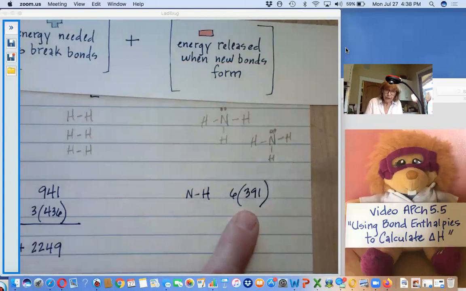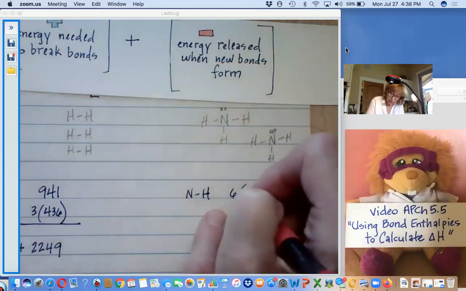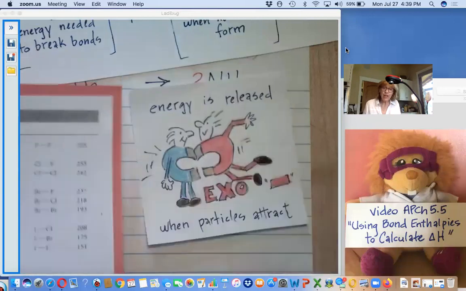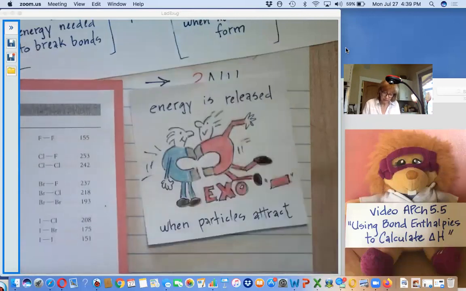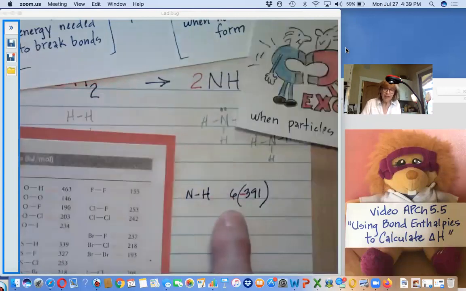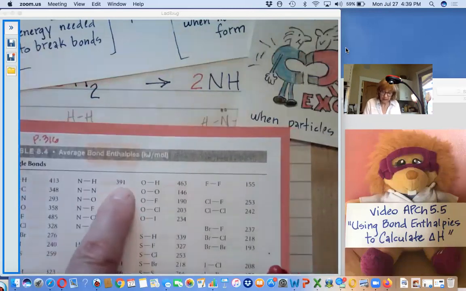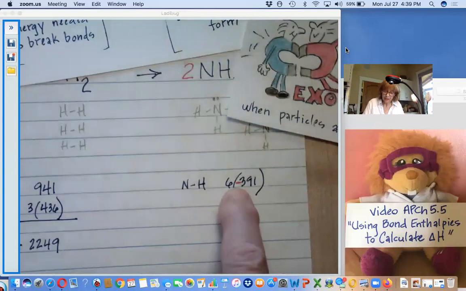Now, very important here, that value is negative because remember, when bonds are formed, energy is released. Every time I form the N to H bond, 391 kilojoules is given off.